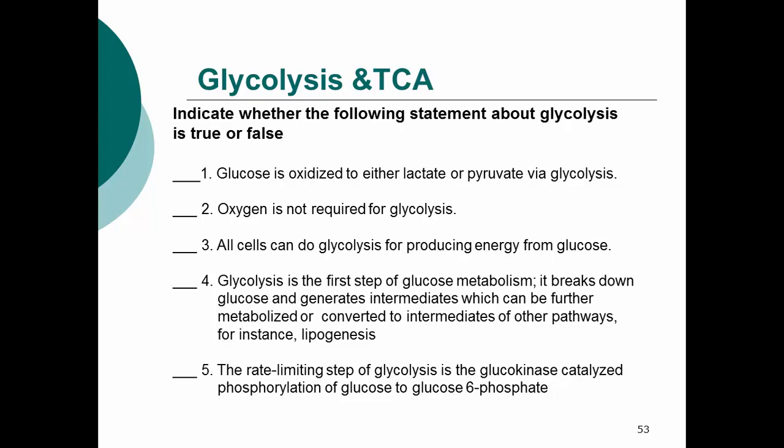It's true, obviously. And second one, oxygen is not required for glycolysis. True, yes. Third, all cells can do glycolysis for producing energy from glucose. True? Why are you shaking your head? It's true, right? Every type of cell is able to utilize glucose.